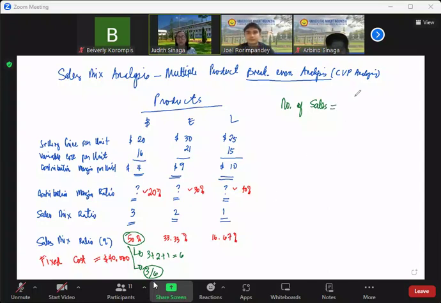The number of sales is computed as total fixed costs divided by the composite contribution margin.